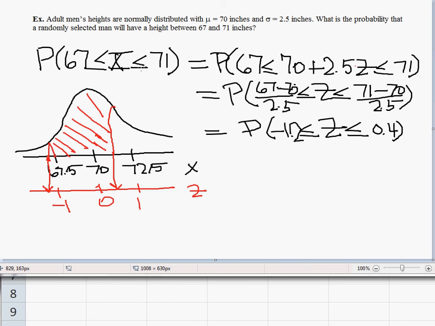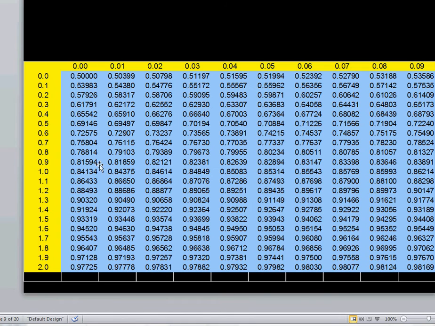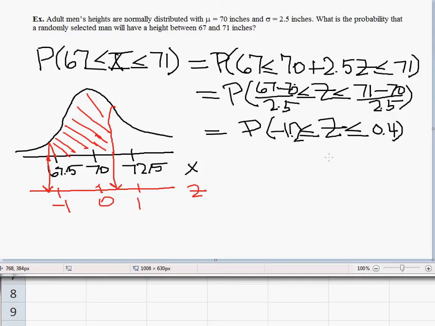So the area to the left of 0.4 in Z, all of this to the left, including the white area that you see over here, would be the number that we saw on the table. And let me pull that back up again. That was 0.65542. So let me write that down.